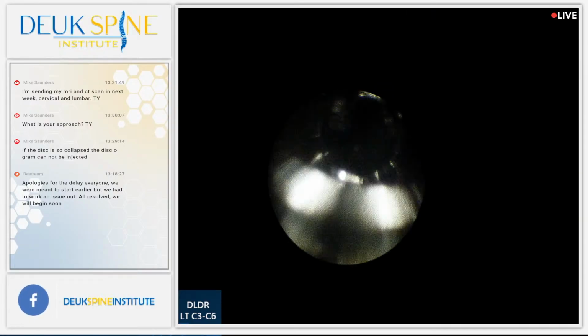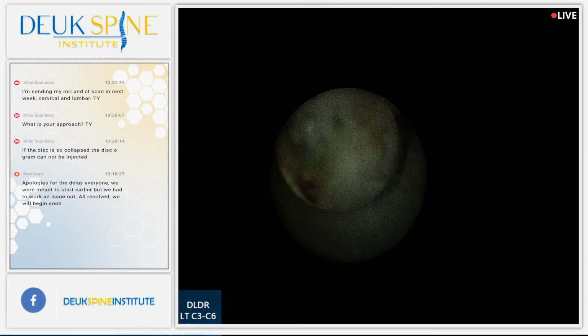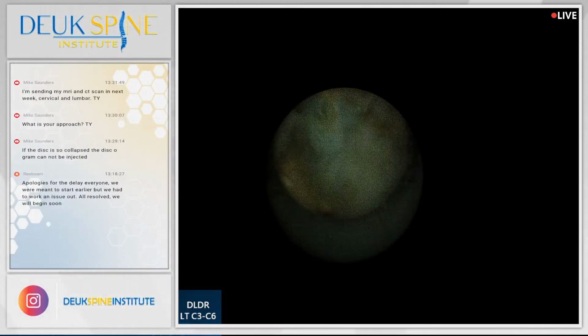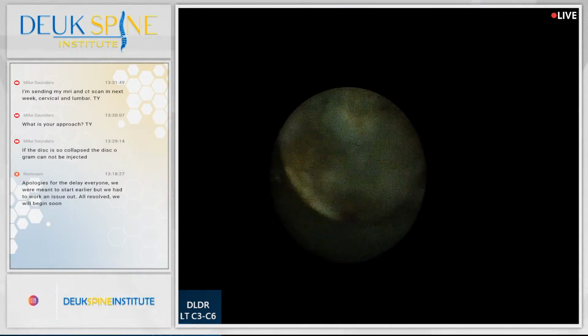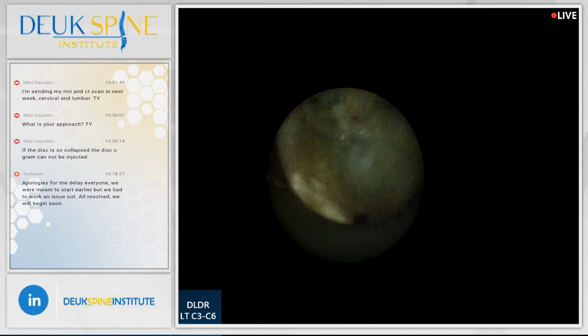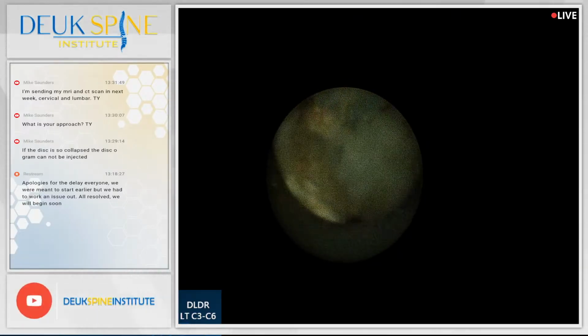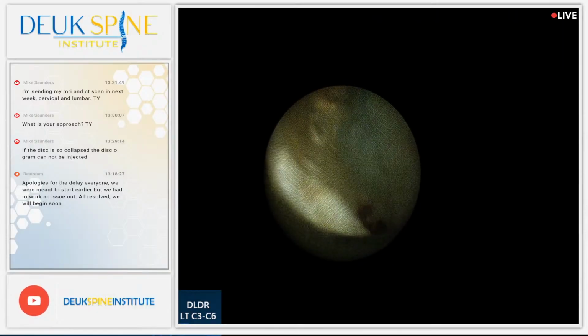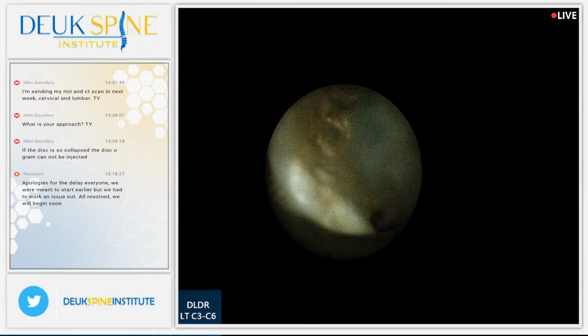Very common. There's a piece of herniation right there, the blue thing. I'm just drilling it down with the laser. A lot of scar tissue.